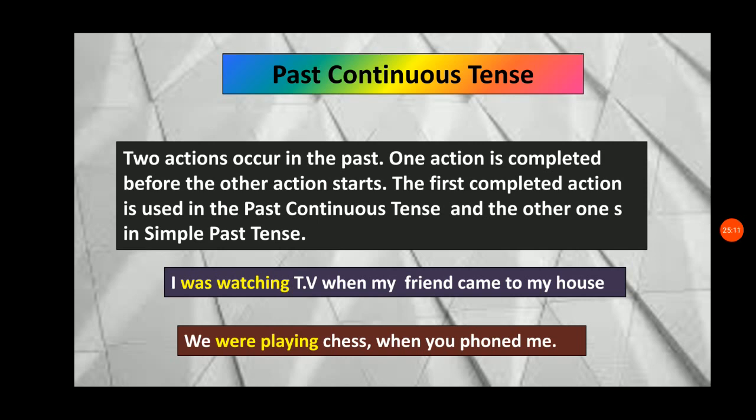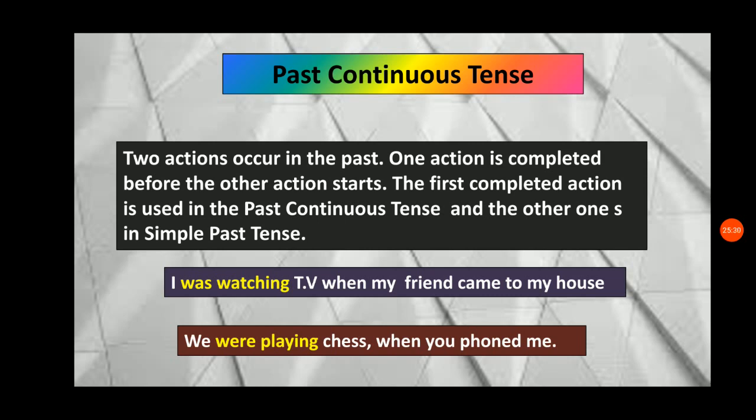I was watching TV when my friend came to my house. My friend came to my house, but at the same time I was watching TV continuously. I was watching TV, but my friend came at that moment.